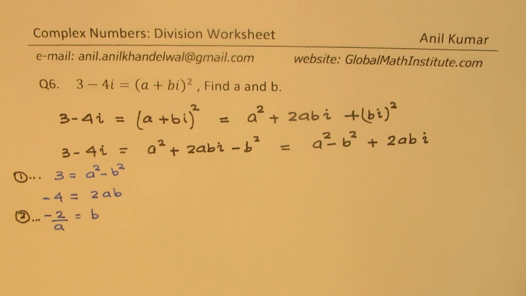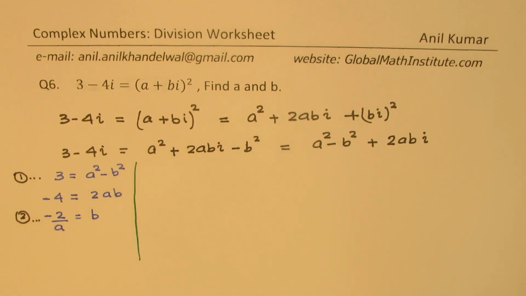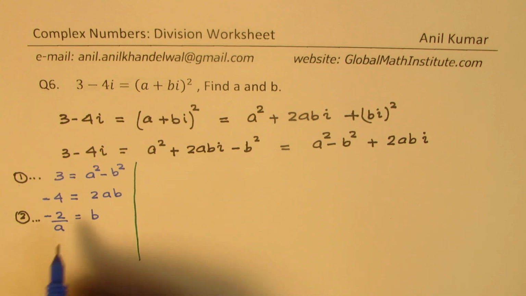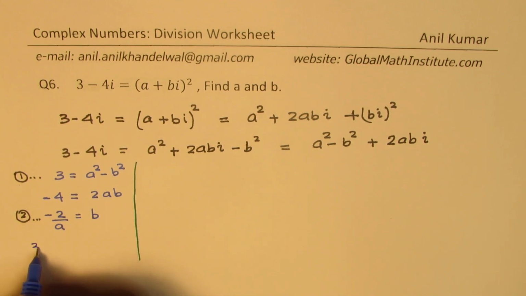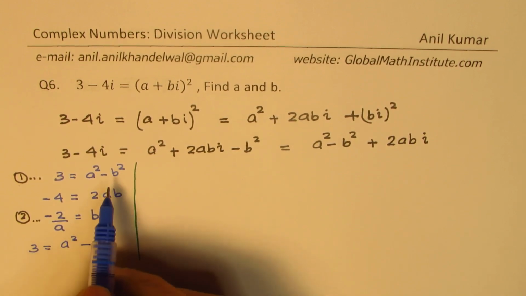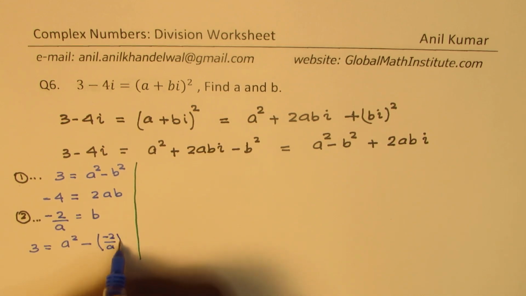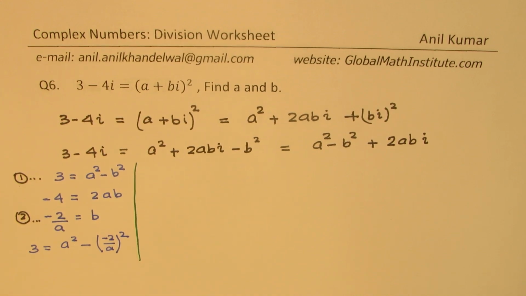Substitute b in equation number 1 and then solve. We'll have a quadratic equation when we substitute. So we get 3 equals to a square minus, so instead of b we are adding minus 2 over a whole square. So we'll solve this equation.